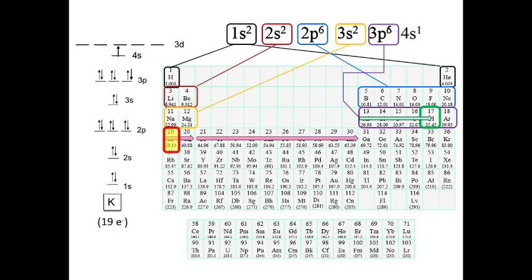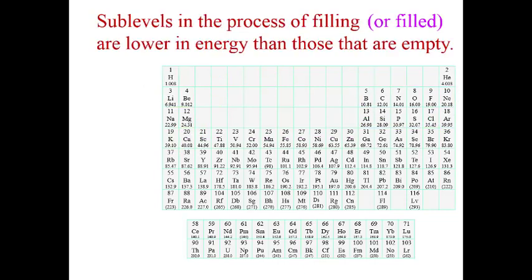There would be no reason for us to predict this ahead of time, but the elements potassium and calcium tell us this is so, because in these elements, which have s electrons as their valence electrons, 4s fills before 3d. We can use our idea that orbitals that are filled, or in the process of filling, are at lower energy than those that are empty at any place on the periodic table.